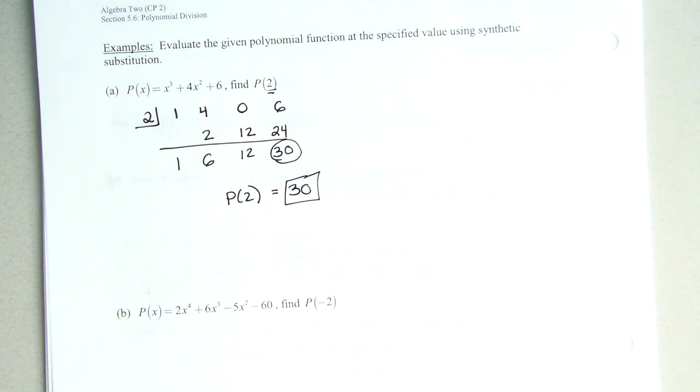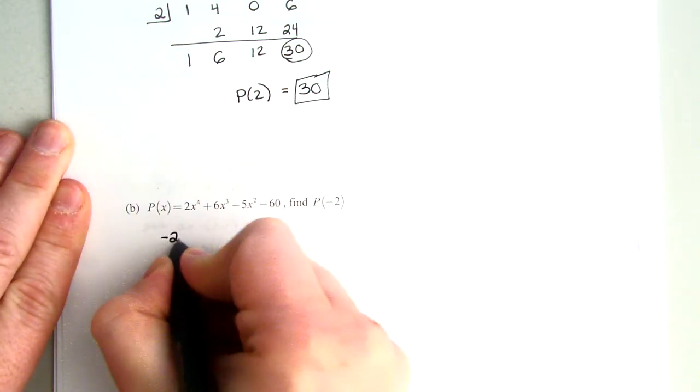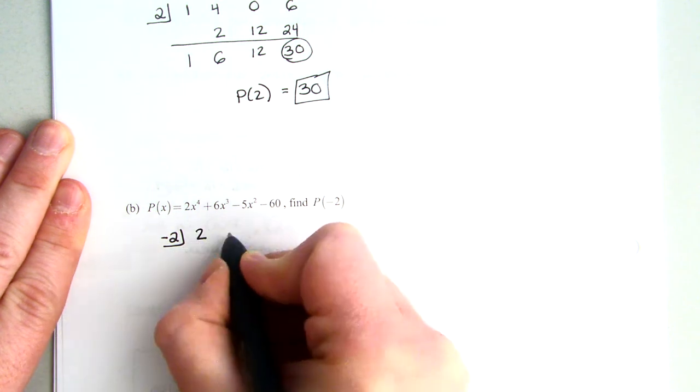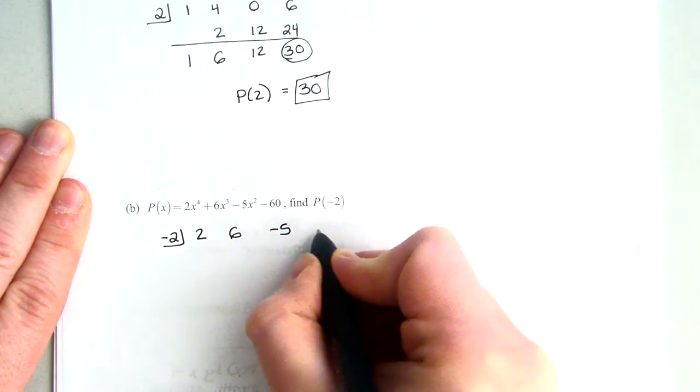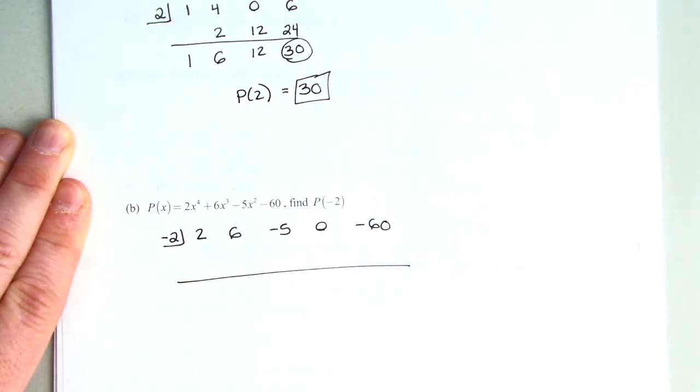This is synthetic substitution. Go do letter B on your own and send your answer into Edpuzzle. Here we go, -2 in the box. List the coefficients. 2, 6, -5, don't have an x, so 0, -60. And we're off.